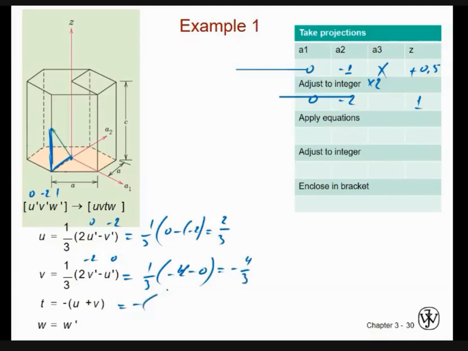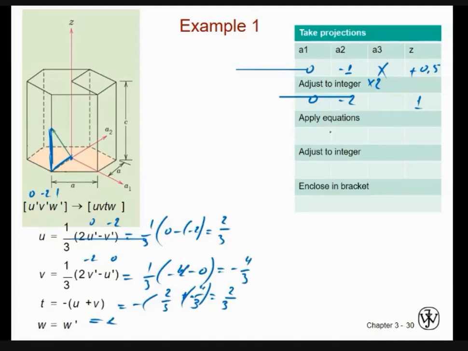Equals negative 2 over 3 plus... I have this negative sign over here, so it will be negative, negative, positive 2 over 3, and it will be equal, same. Let me check if I have done it right or not. So 1 over 3, 0 minus plus 2, 2 over 3, 1 over 3, negative 4. Yes, I guess that's right.